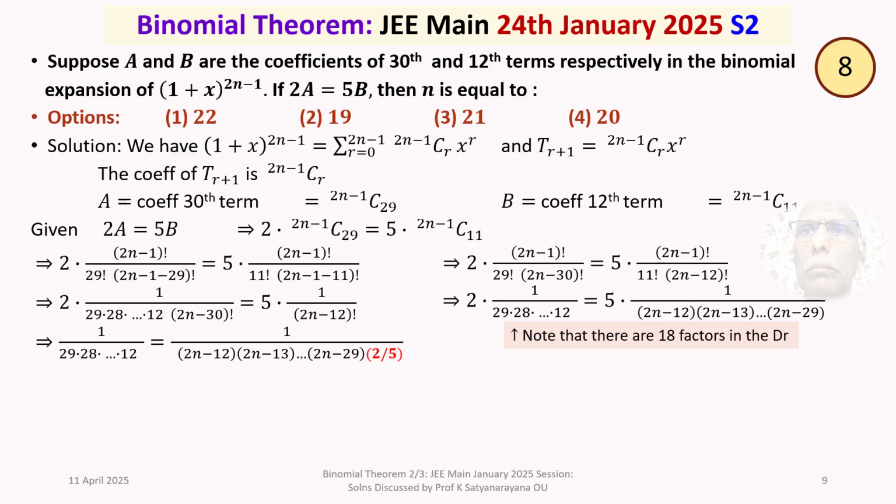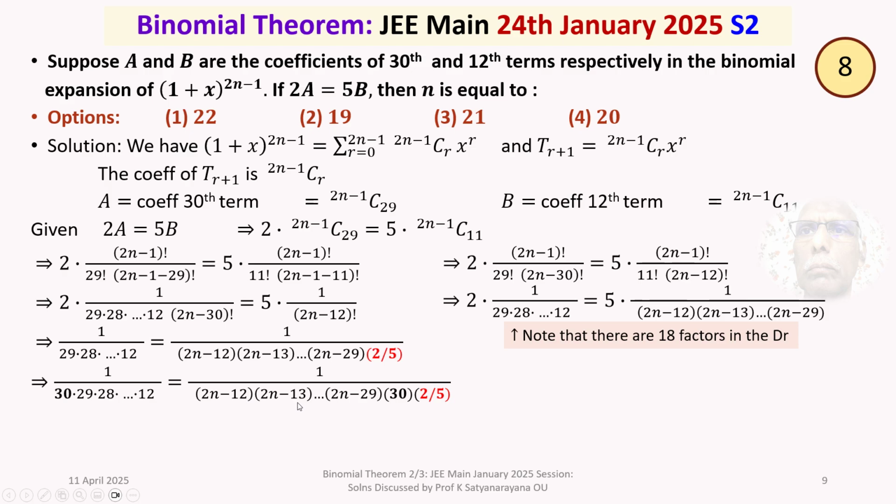To adjust the terms, I multiply both sides in the denominator by 30. So this will be 1 by 30 into 29 into 28 up to 12 is equal to 1 by (2n − 12)(2n − 13) up to (2n − 29) into 30 into 2 by 5. Don't worry, 30 into 2 by 5 is 12, and you get 19 terms on each side.